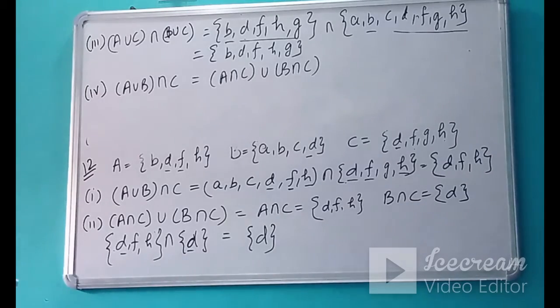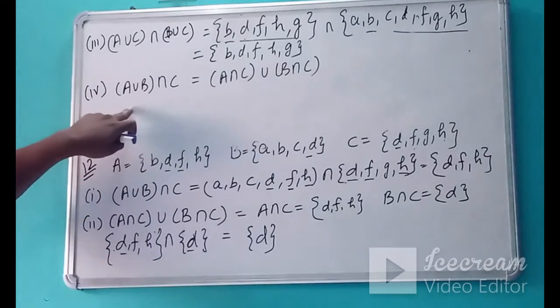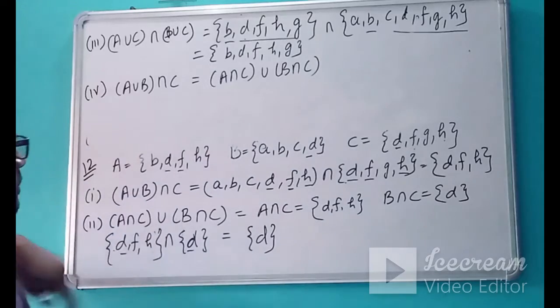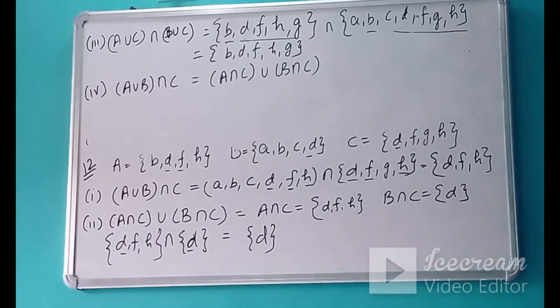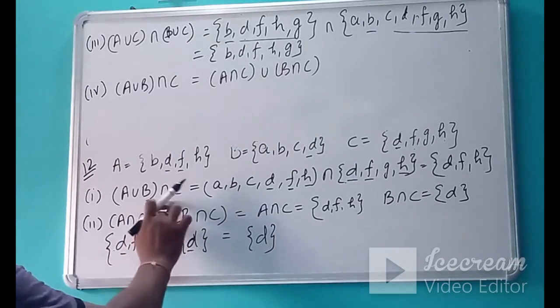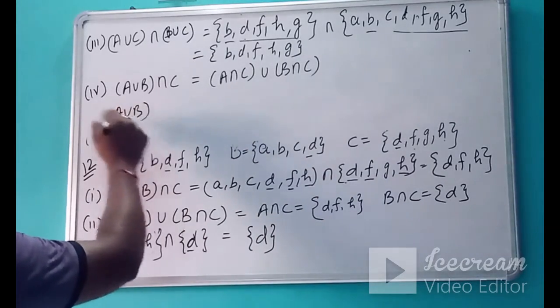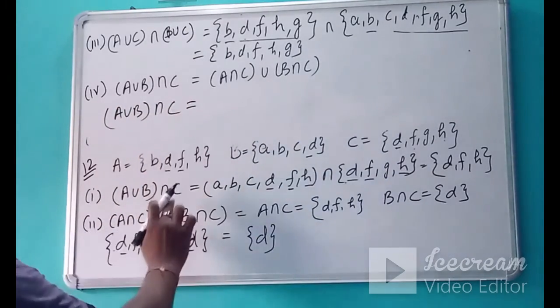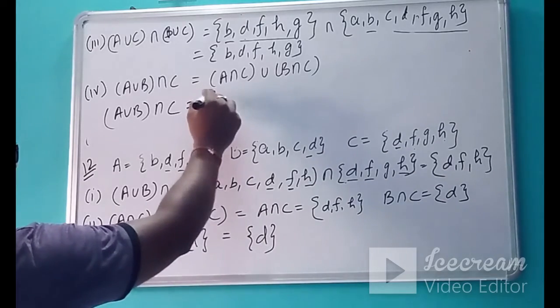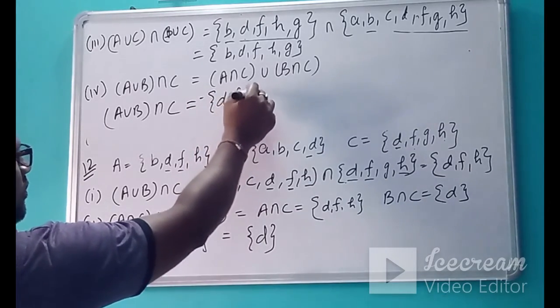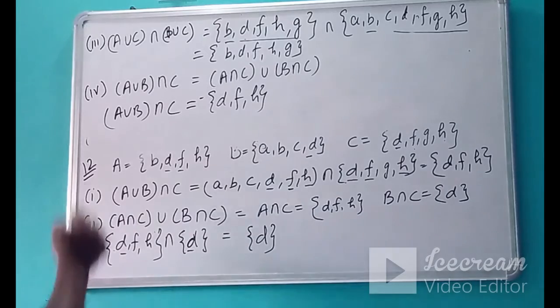Now in the last part we have to prove whether this is equal to this. So A union B intersection C. What was A union B intersection C? This was our answer, D, F, H. And what was this?